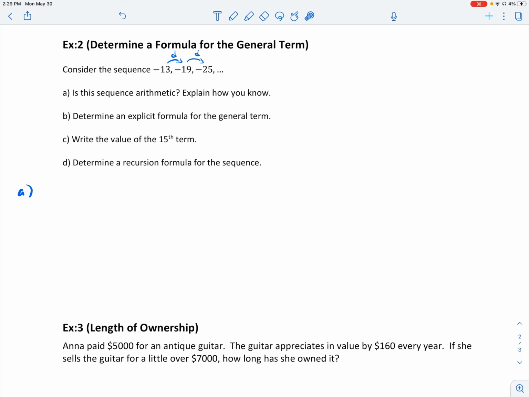So it looks to me like the first term is -13, and then it goes down by 6, and then it goes down by 6 again. So yeah, it does look like there's a common difference.